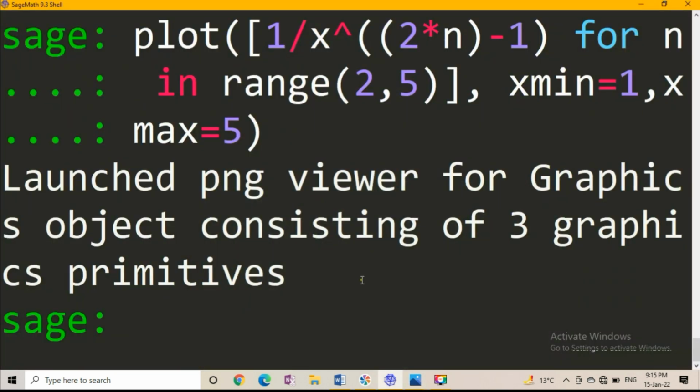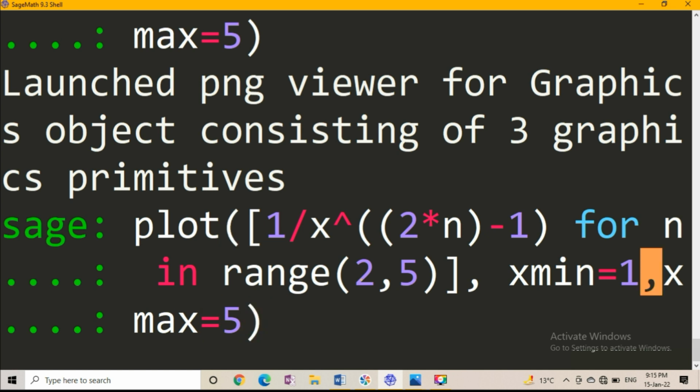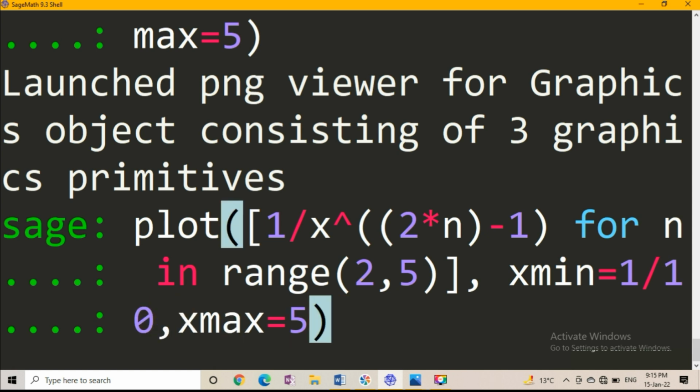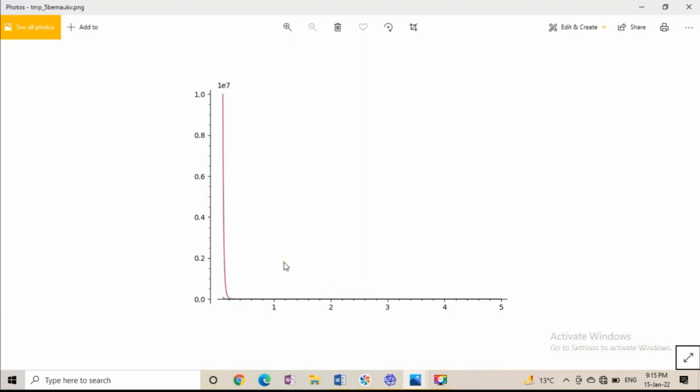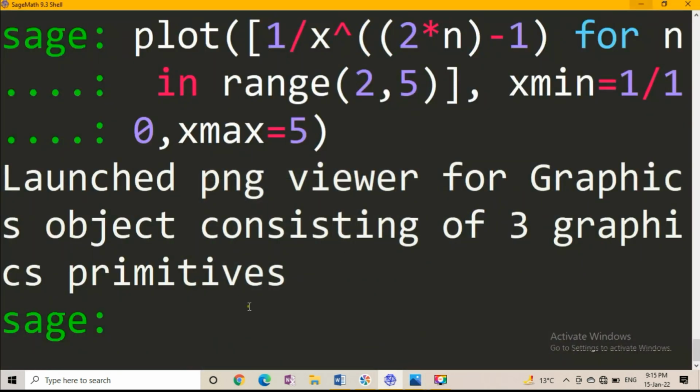Again we take the value of x from 1 by 10 to 5. What happened? Look at this, the graph is going closer to 0, and this is the graph of the function.